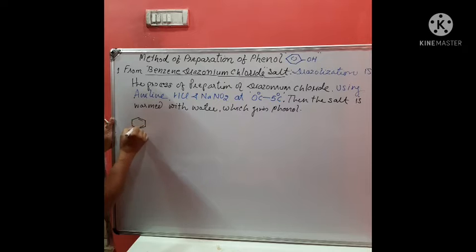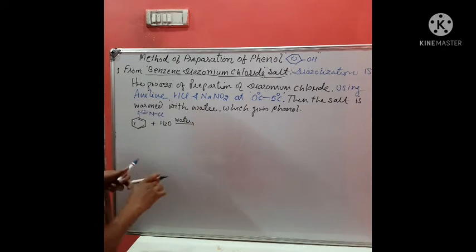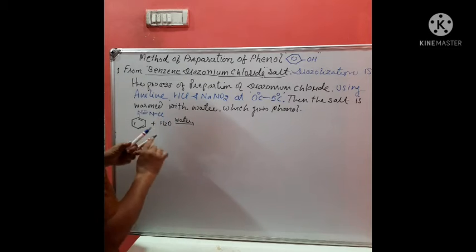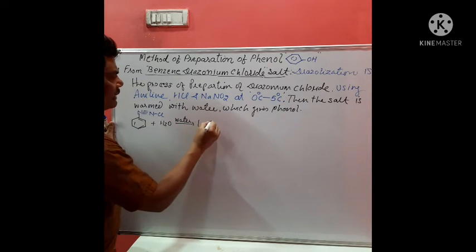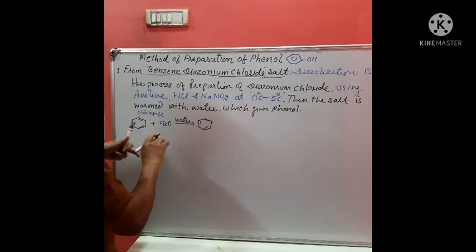This is benzene, then nitrogen, one more nitrogen, and then Cl. This is called benzene diazonium chloride salt. When this salt is warmed with water, that is hydrolysis, the benzene diazonium chloride salt converts into what?